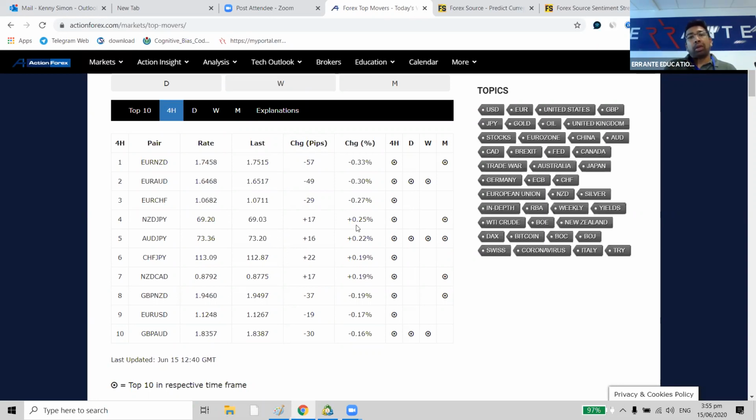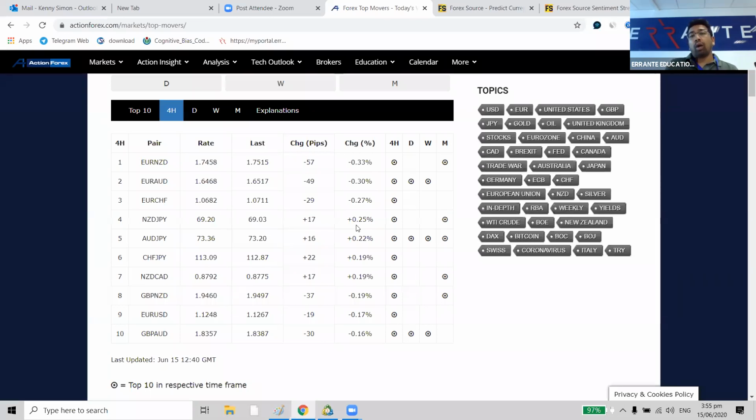The problem with picking one pair only, and you love it so much that you don't trade anything else, is that there is a very high risk of you getting stuck with that pair. Maybe sometimes you enter that pair and you have to wait for very long, floating and all that, and you don't want to go to any other pairs, then it might not give you the best returns in the market.